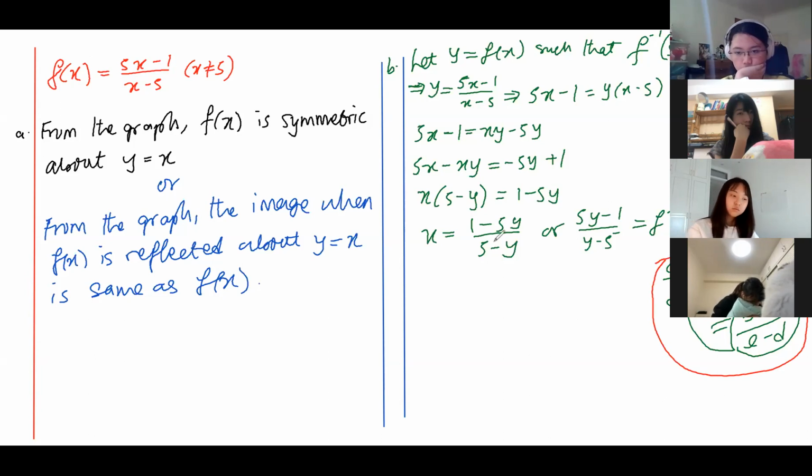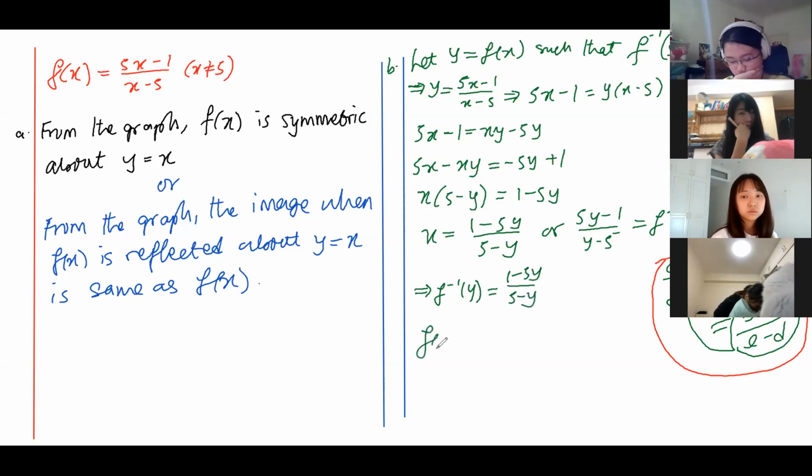So if this happens, it means that our f inverse y is 1 minus 5y divided by 5 minus y, which means we can change the variable: f inverse x is 1 minus 5x divided by 5 minus x, which doesn't look like the original function, which is why I said we could write it in the other way.